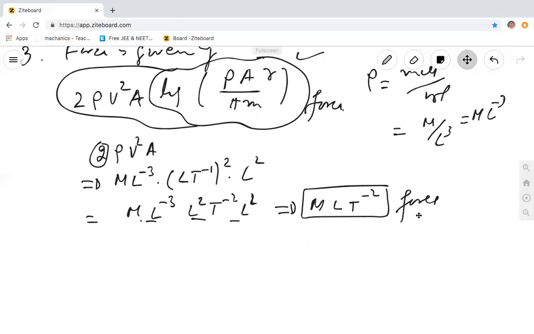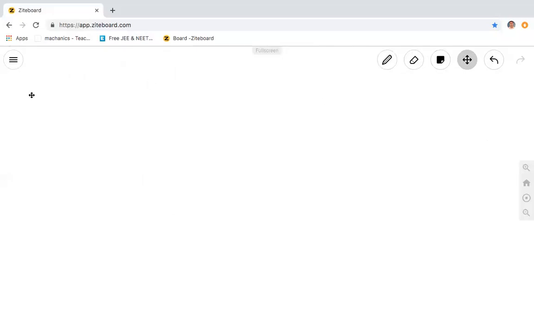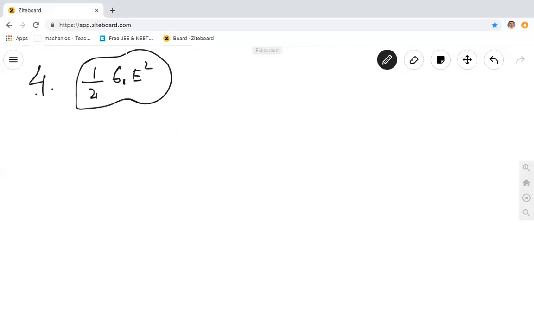Now let me go to the fourth one. Fourth one is, what is the dimensional formula for 1 by 2 epsilon 0 E square? There are many ways to do this. You can just substitute the dimensions for epsilon 0 and E square and possibly get the answer.